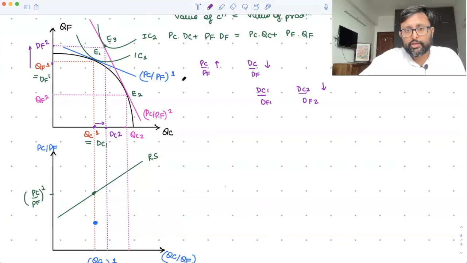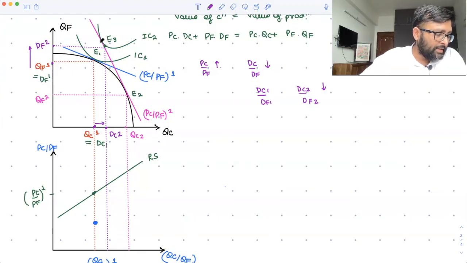So the increase in numerator is less than the increase in denominator, so the fraction has fallen, right? And the consumption has shifted from E1 to E3. When the relative price has increased, the production has shifted from E1 to E2. Consumption has shifted from E1 to E3. Fair enough.